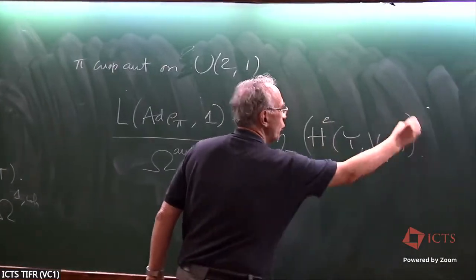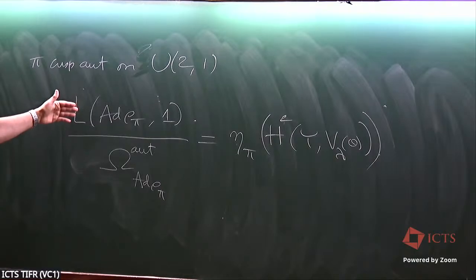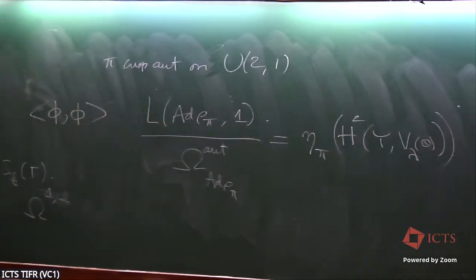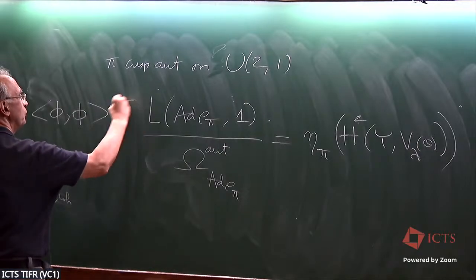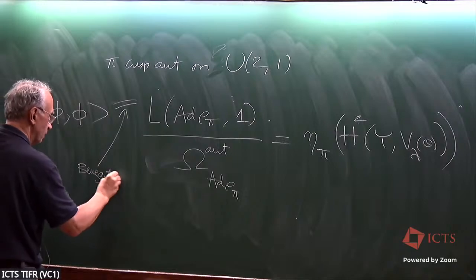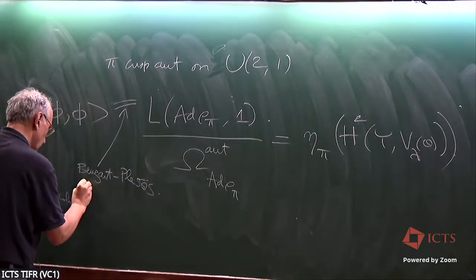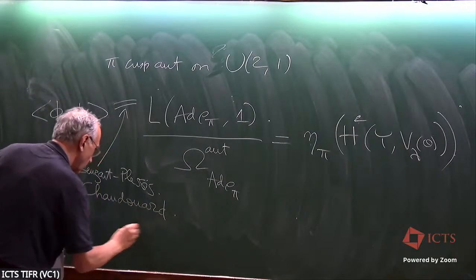So this is a work in progress, but the main step, which is the relation between this and the Petersson product of some automorphic form on U(2,1), has been proven. This is proven by Bezard-Plessis, Chaudoir, and Morimoto.